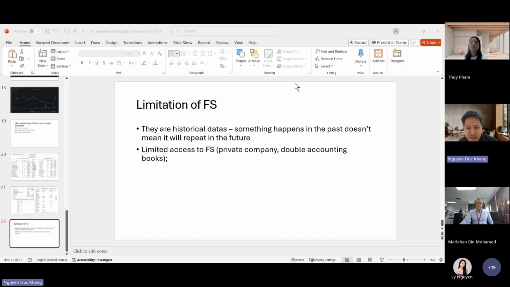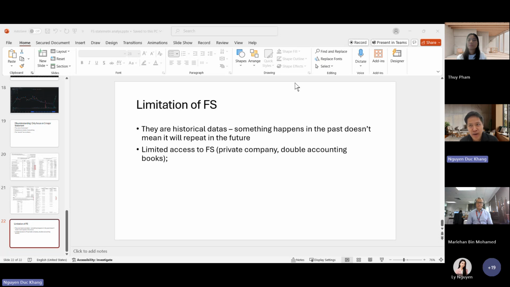How many companies are used to calculate? Actually, I want as many as possible, but one more thing I haven't mentioned in my presentation is that even for companies in the same industry, you should compare companies of the same size.